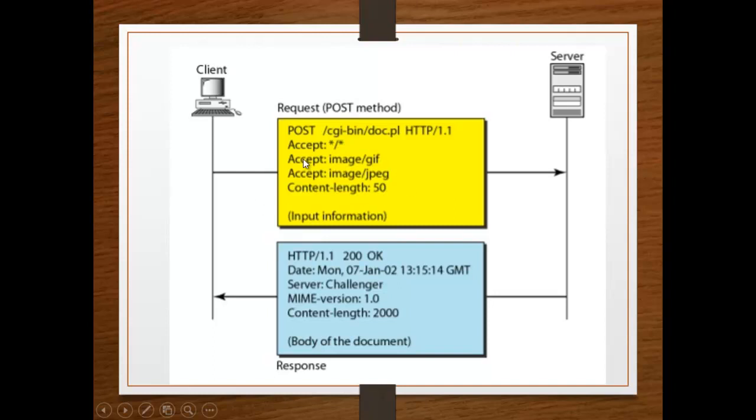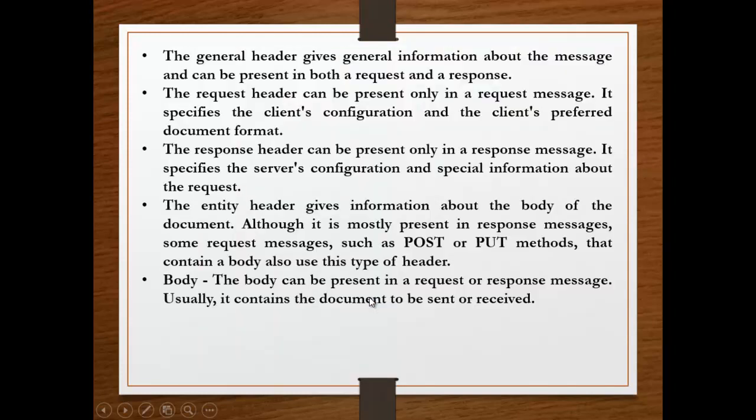Here there is no possibility of getting a response header. So this is a response message, and the response header is server name and the version used by the server. This is part of a response header. So these are the 4 different headers, and then the body of a message, it can be present in a request or response message. It is normally the document you want to send or receive.